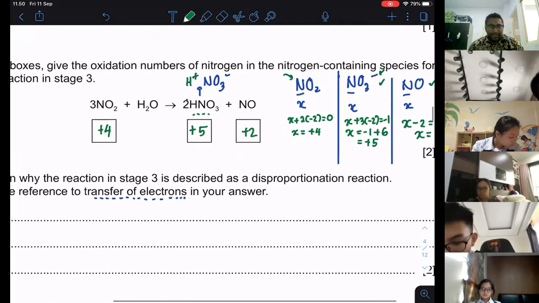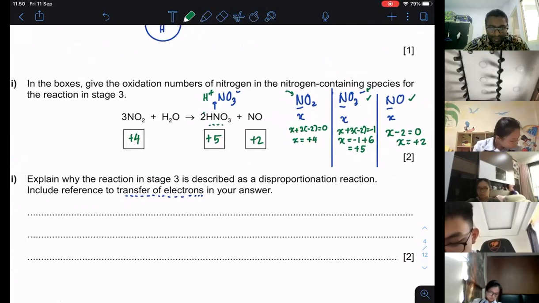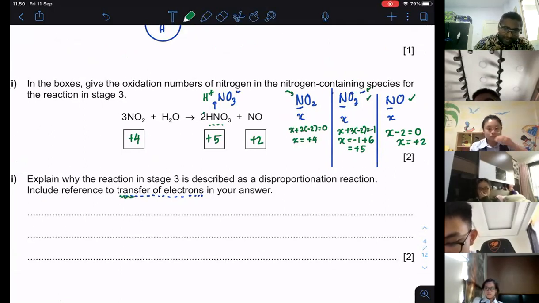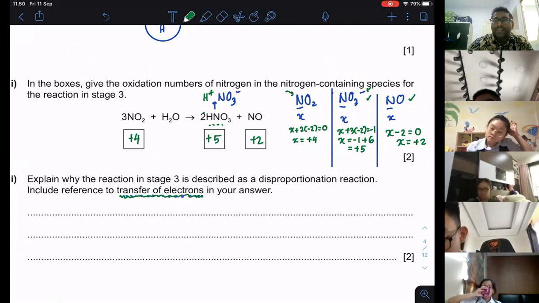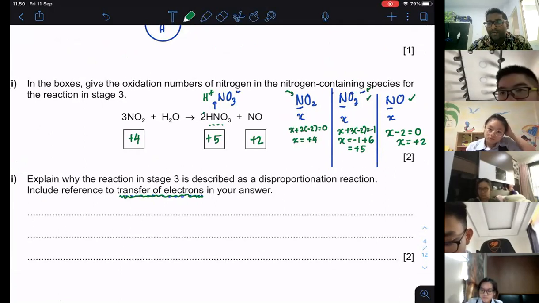Now, explain why the reaction in stage 3 is described as a disproportionation reaction, but there is a catch to it. They say include reference to transfer of electrons. It means they don't want you to talk about oxidation number. They want you to straight away talk about electrons.